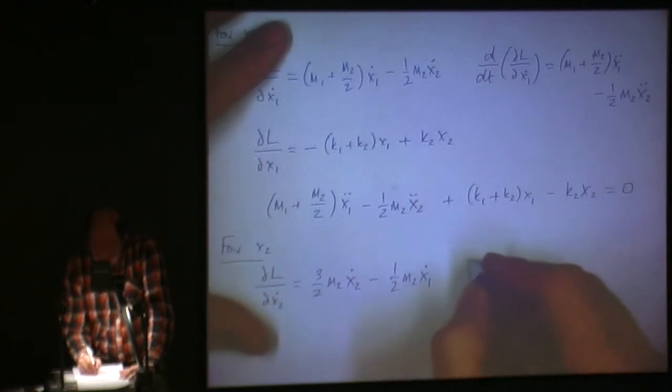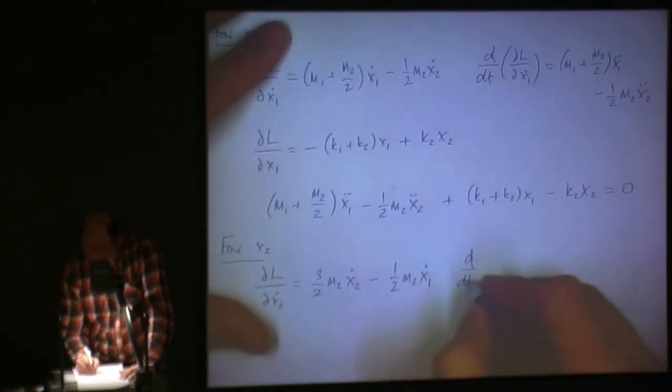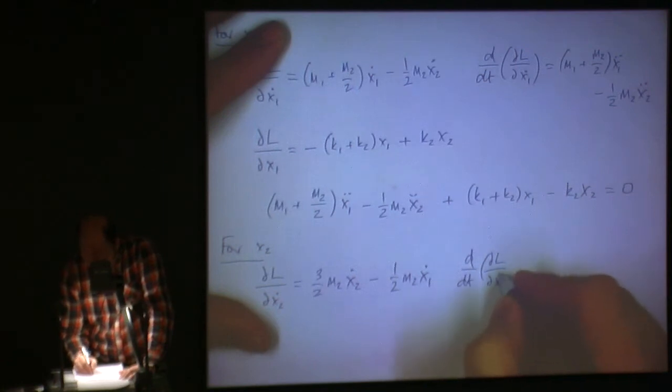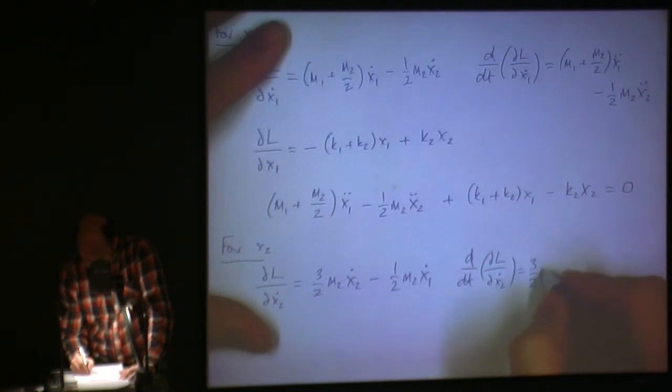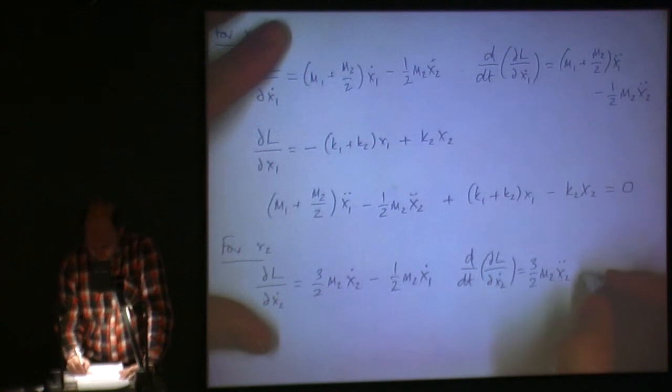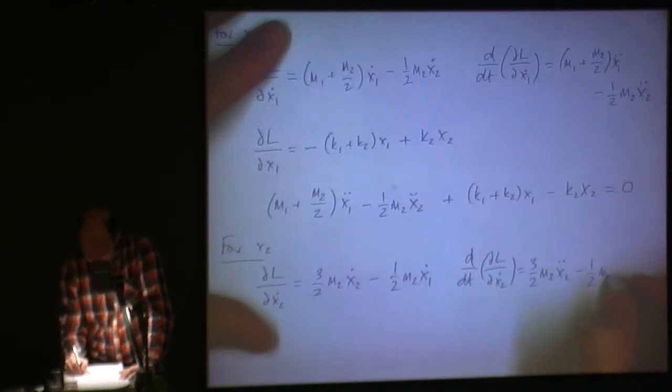Time derivative, exactly the same except for all the x's become x double dots. 1/2 m2 x1 double dot.